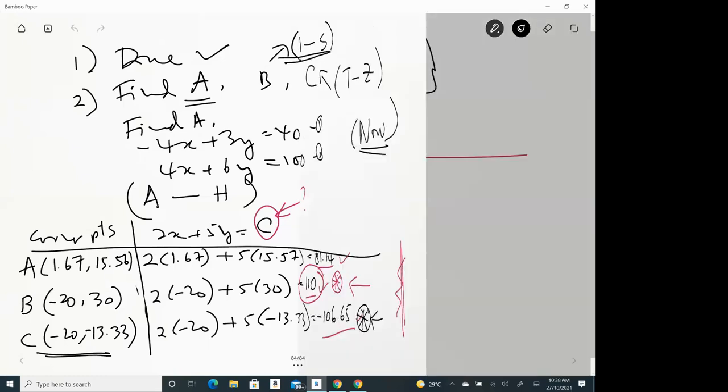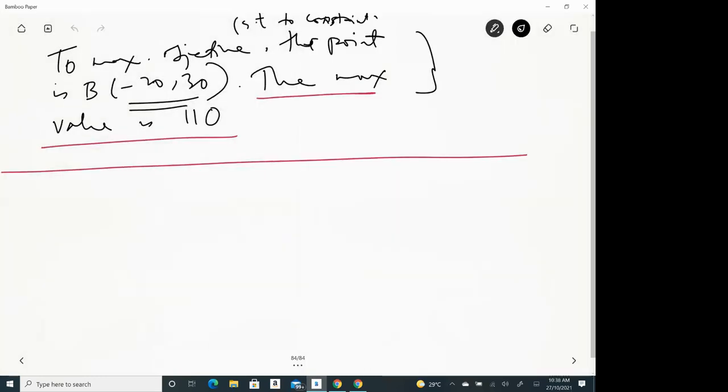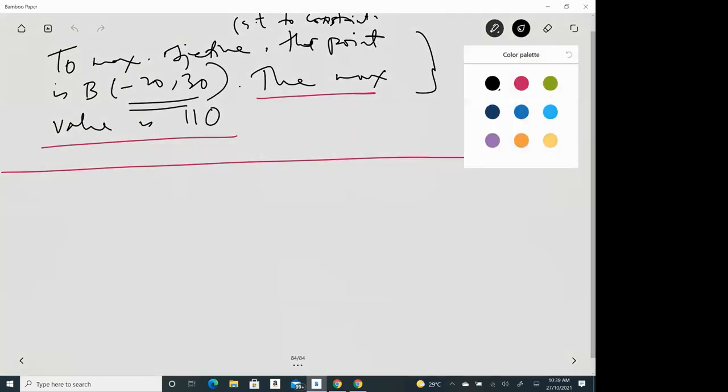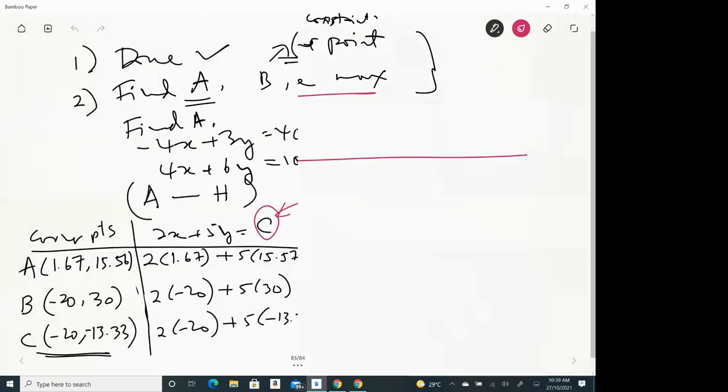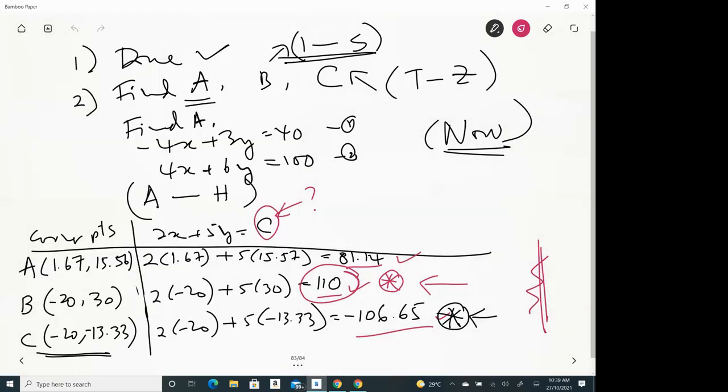So if I have a minimization, we say that the minimum value of the objective is negative 106.65.